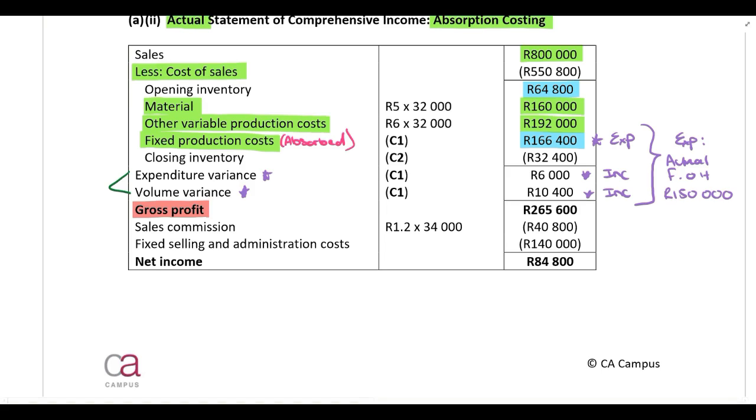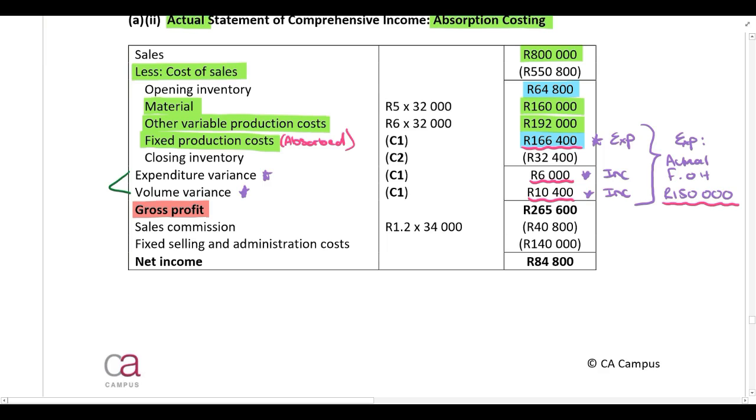Now look at the net effect. If we have an expense of 166,400, we have income of 6,000 and income of 10,400, the net effect is we are expensing the actual fixed overhead cost of 150,000 Rand. However, please note, you don't just expense the actual cost under cost of sales.